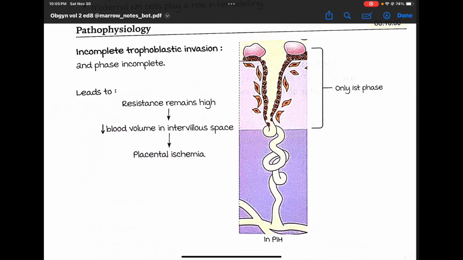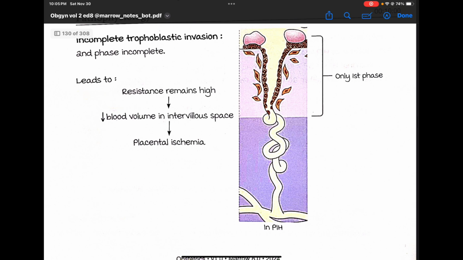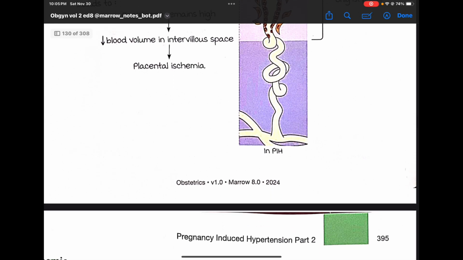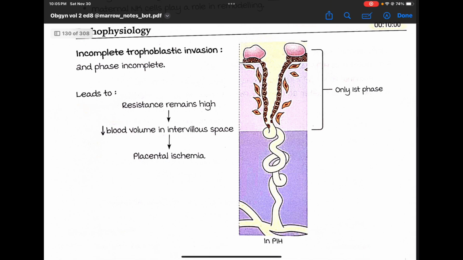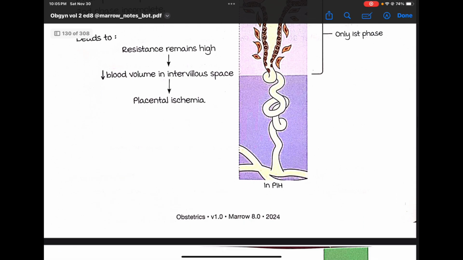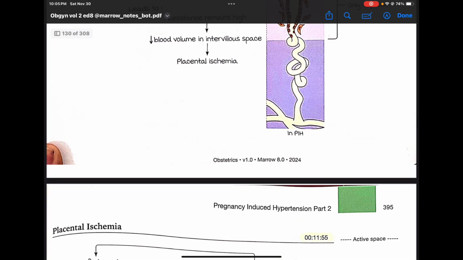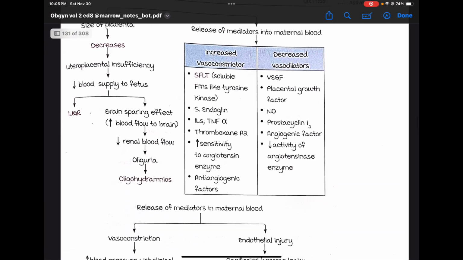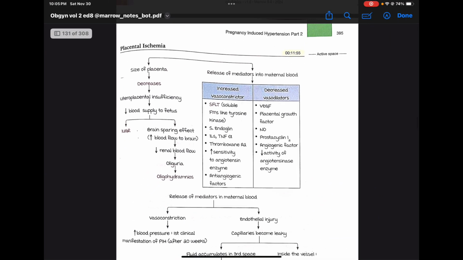As you can see, only the decidua underwent remodeling, but the myometrium did not. So resistance remains high, with decreased blood volume in the intervillous space and placental ischemia.